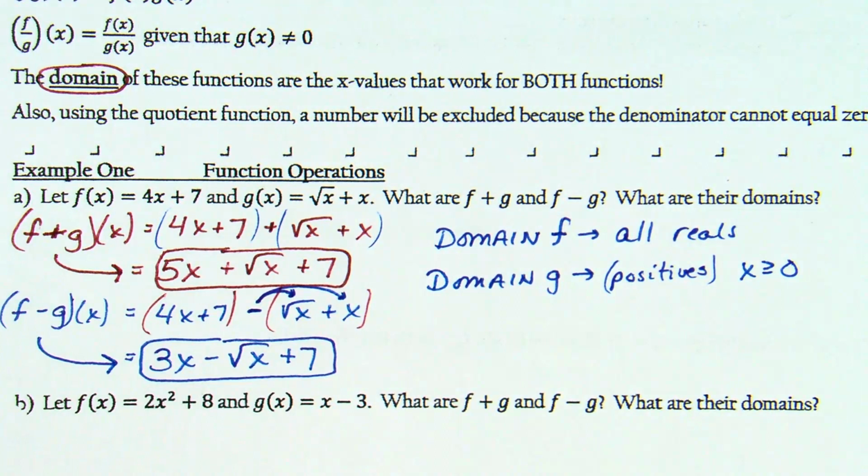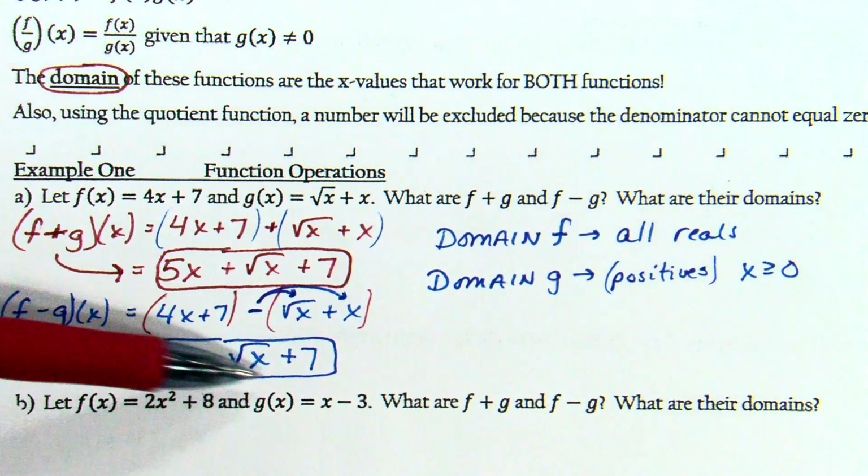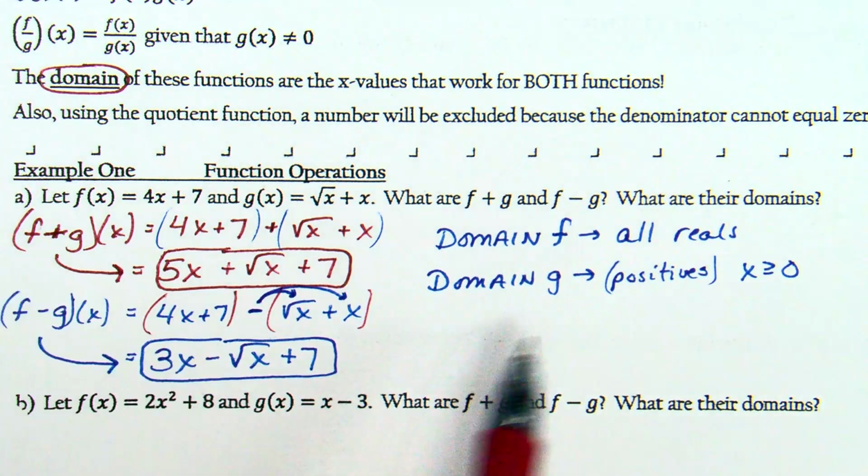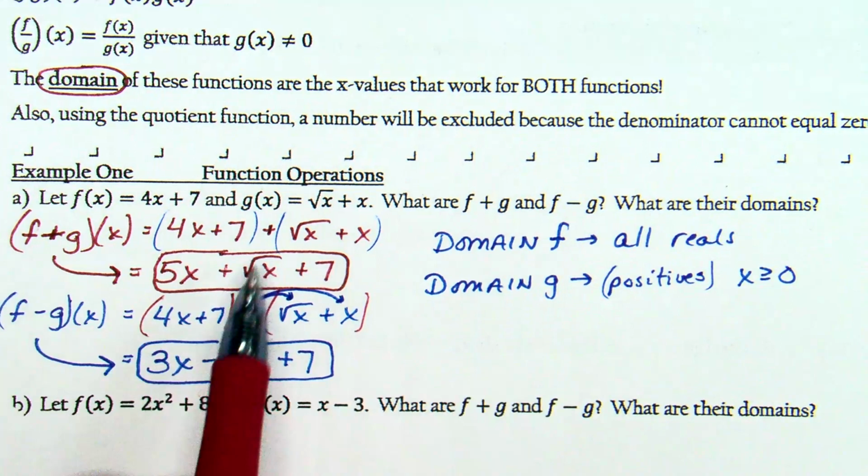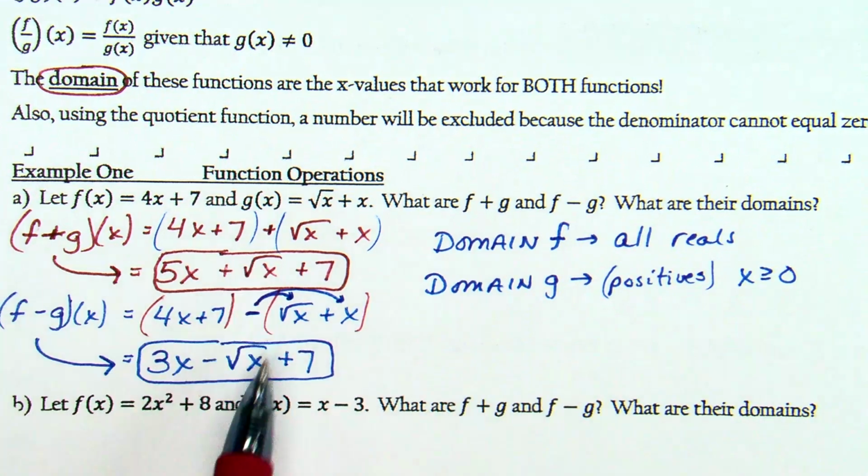Okay, so now, the question was, what are the domains? When they're asking you the domains, that was kind of my pre-work, to be honest. They want to know, what's the domain of f plus g? What's the domain of f minus g? Well, when you add these two together, are we changing the domain any? The f part is still all reals, but what's that g limit? f plus g and f minus g both have a square root of x in them.